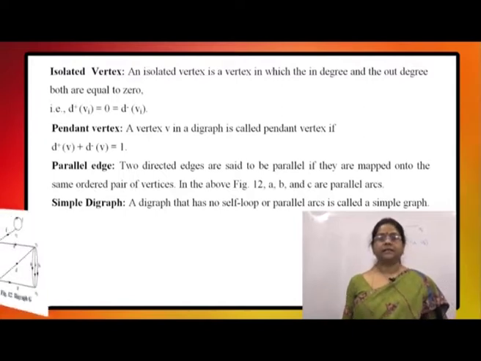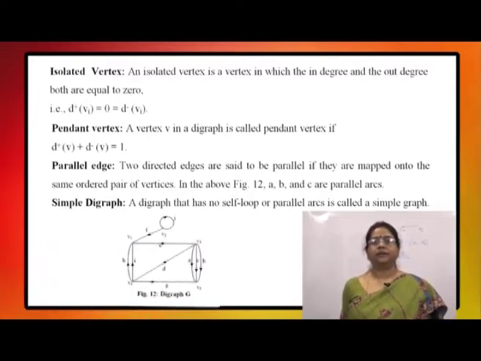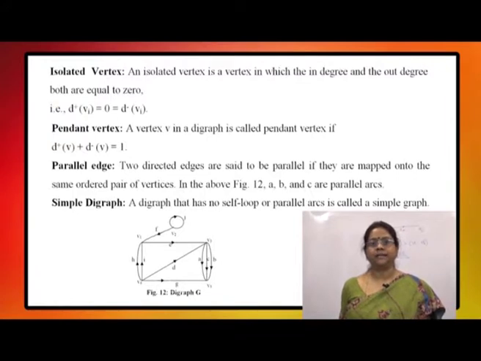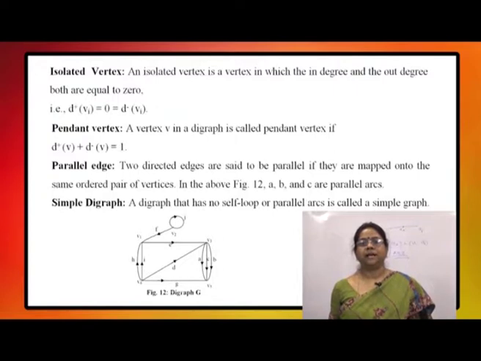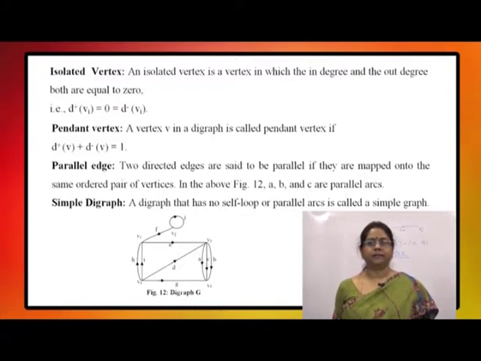Here parallel edges are defined as two directed edges said to be parallel if they are mapped onto the same ordered pair of vertices. So like this in the figure 12, we see that between V3 and V5 there are three edges A, C and B, and their directions are the same.